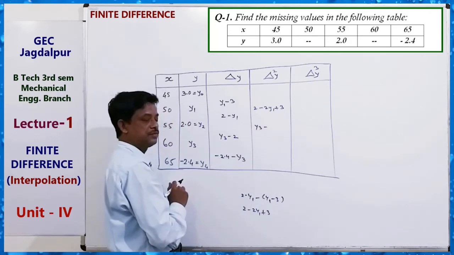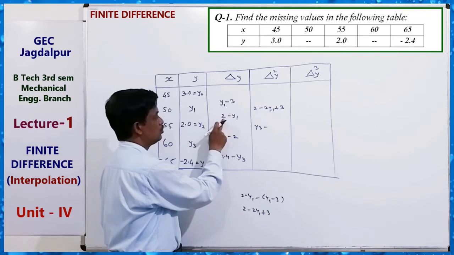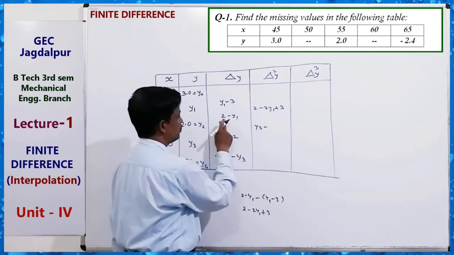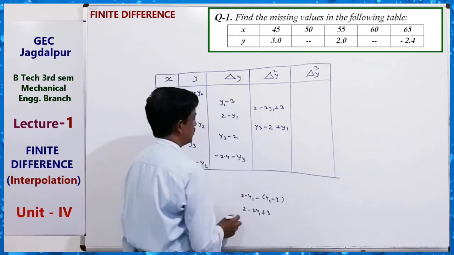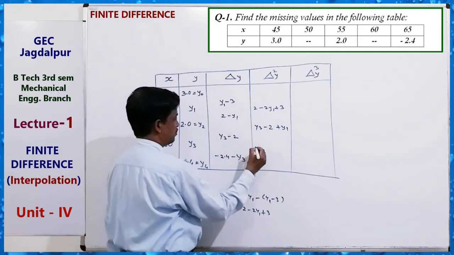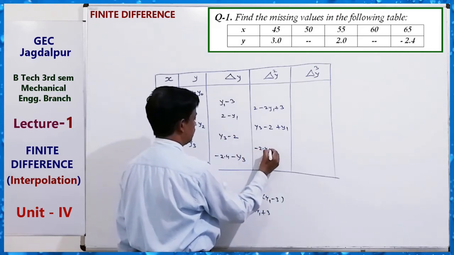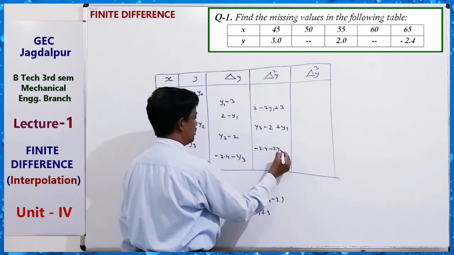Here this minus this, so y3 minus 2 plus y1. Here this minus this, so minus 2.4 minus y3 minus 2y3 plus 2.